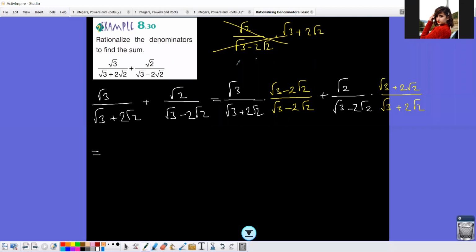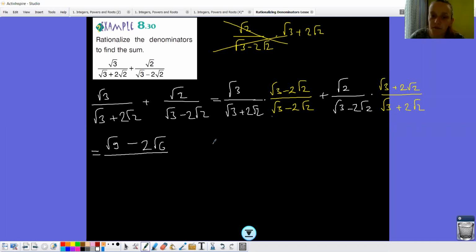Now, what I have here in the first one, root 3 times root 3, which will be root of 9, or it will be 3 directly. We can write root of 9, then minus root 3 times 2 root 2, which will be 2 root 6. Over this one, the denominator will become root 3 squared minus 2 root 2 squared.